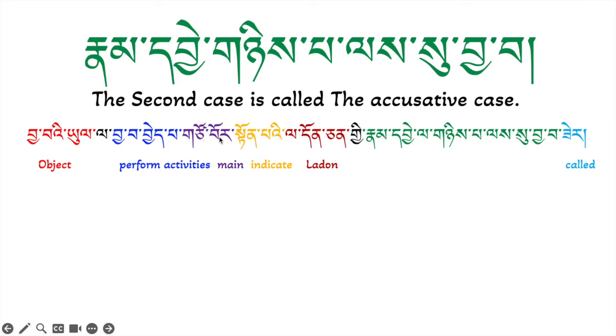So here Zor means main, Tembe is indicate. What does it indicate? Mainly the action or activity, something that is performed toward the object. And now it's Ladin Chengi Namye.